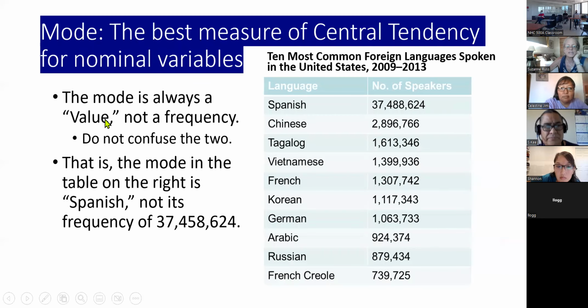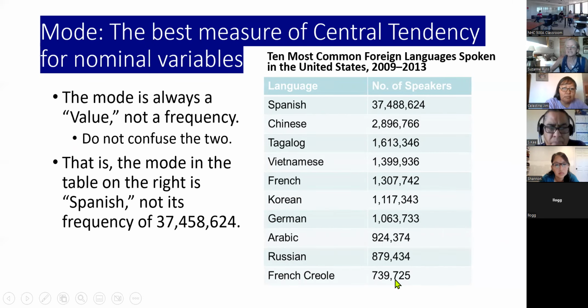All right, so one cautionary note. Let's look at this chart. The 10 most common foreign languages spoken in the United States. The values are listed here: Spanish, Chinese, Tagalog, all of these languages. And the frequency or number of speakers are listed here.